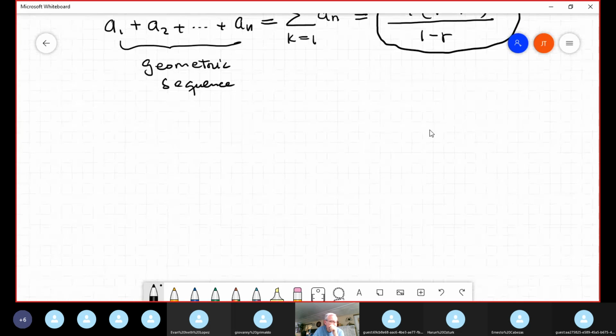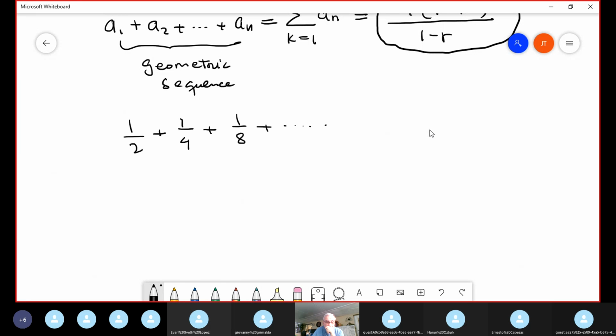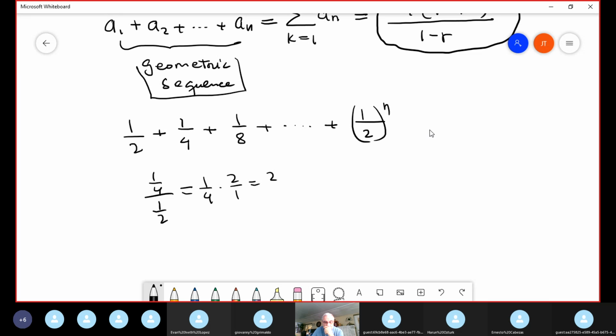Suppose this example: 1/2 plus 1/4 plus 1/8 plus up to 1 over 2 to the n power. This is obviously a geometric sequence also, because the common ratio is 1/4 divided by 1/2, which is 1/4 times 2/1, which is 2/4, which is 1/2.